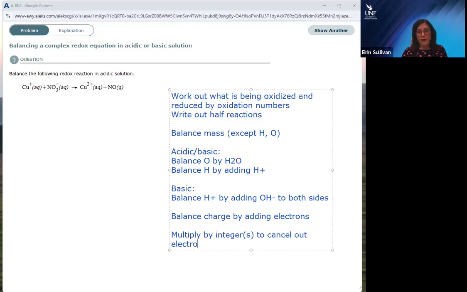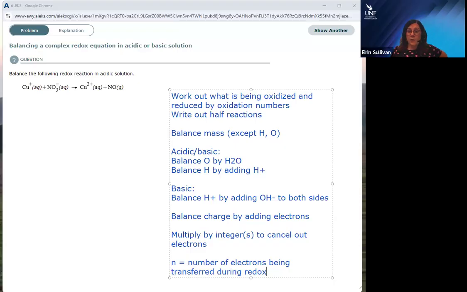As an FYI, the number of electrons that cancel out is n, the number of electrons being transferred during the redox process. Quite often you need this for other equations, like where you're bringing in delta G, spontaneous Gibbs free energy, into your calculations. Anyway, I digress. First of all, let's look at this one in acidic solution.